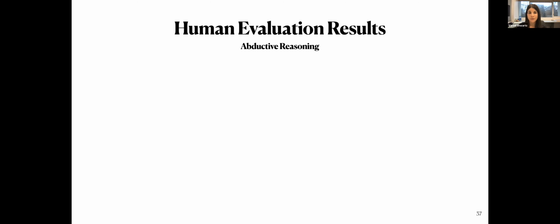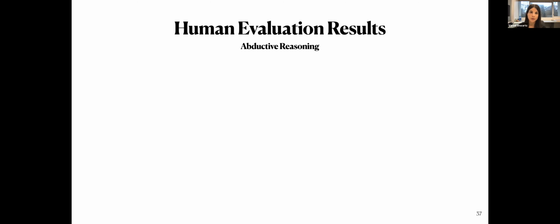In the paper, we also have automatic evaluation, but in general, in generative tasks, we don't actually have good automatic evaluation metrics. So the human evaluation is the more informative one, so I'm going to focus on that here.